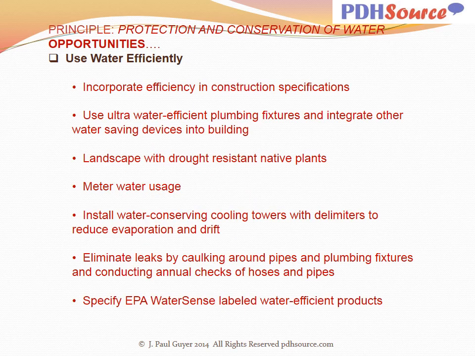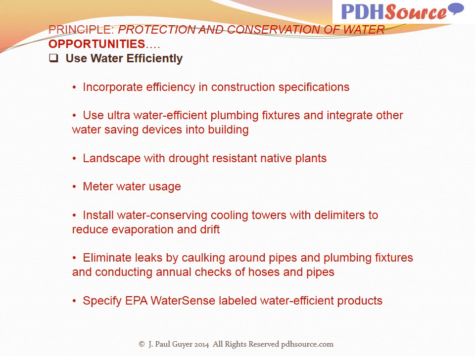Use water efficiently. I mentioned the important advances in efficiency that have come along in the last few decades in the area of energy consuming items in buildings, air conditioning equipment, illumination lamps. Also, there have been big improvements in the plumbing fixtures that are utilized in buildings these days.